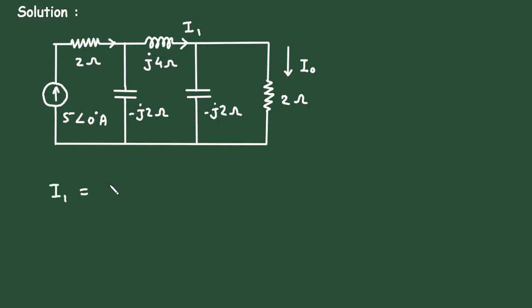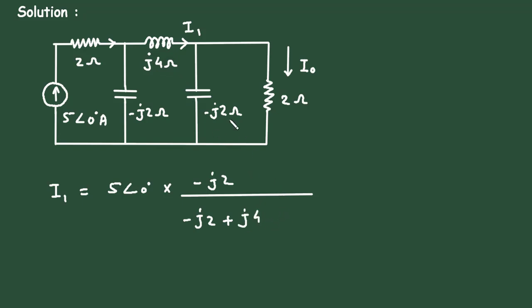So, I1 will be equal to, according to current division rule, this current first. So, the current is 5 at an angle 0 degree multiplied with the opposite branch resistance. The opposite branch resistance for this is minus J2, divided by the addition of both, so minus J2 plus J4 ohm.